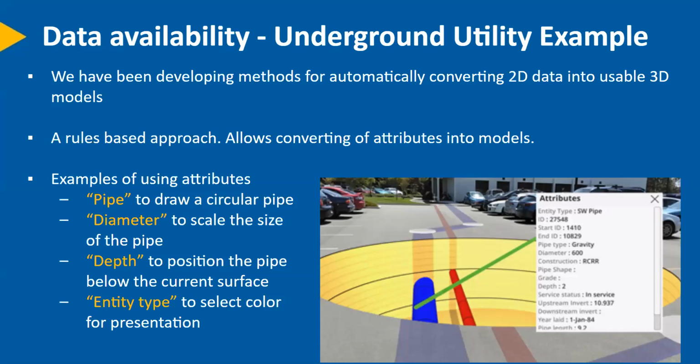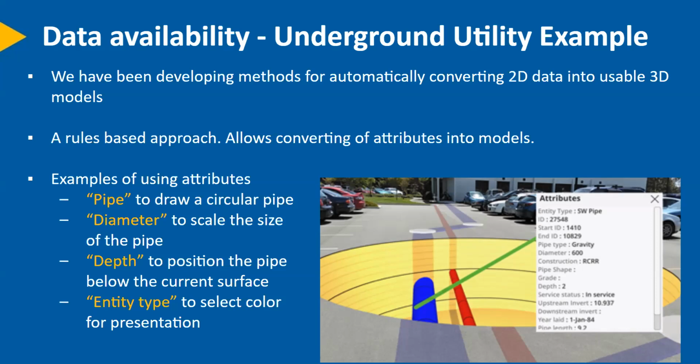Makes sense that it would be the other way around, but that's the idea here, that a lot of your 2D data needs to be translated into 3D models, and we can do that on the fly with something like SiteVision. But without that highly rich attribution, much of that is not possible.